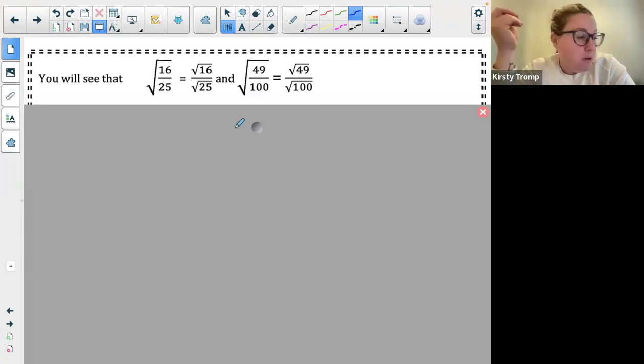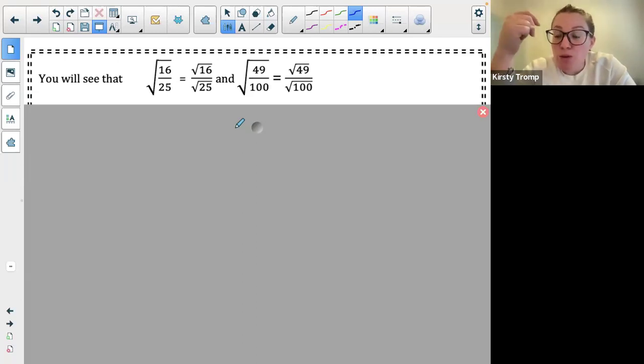So for example, if we had the square root of 16 over 25, it means you need to find the square root of 16 and the square root of 25. The same as if we had the square root of 49 over 100, you would have to find the square root of 49 and the square root of 100.